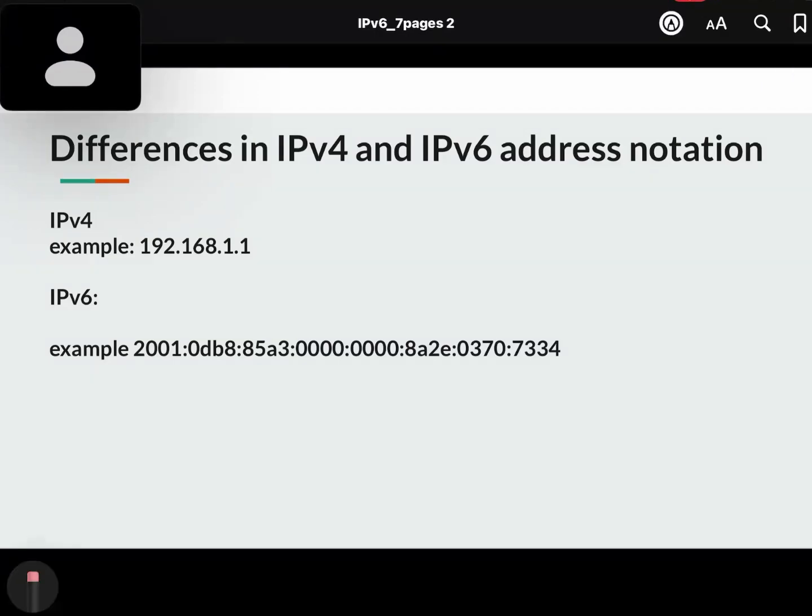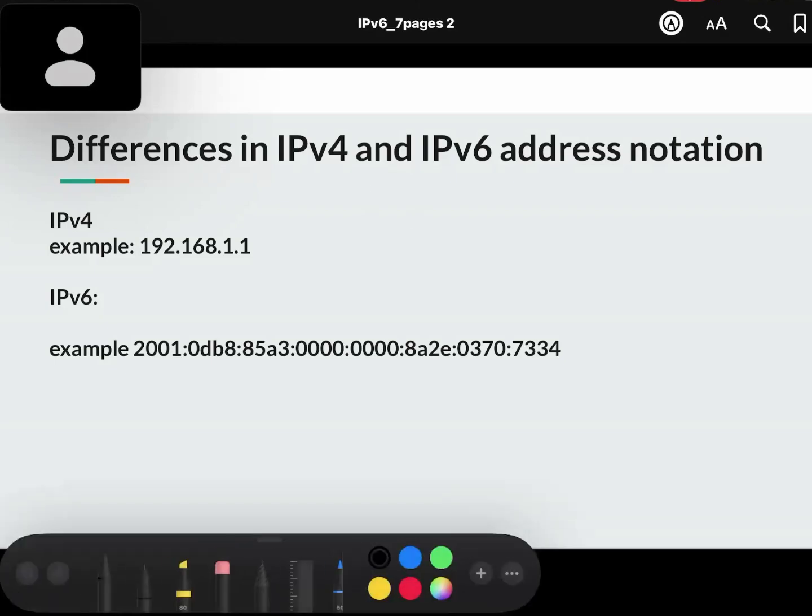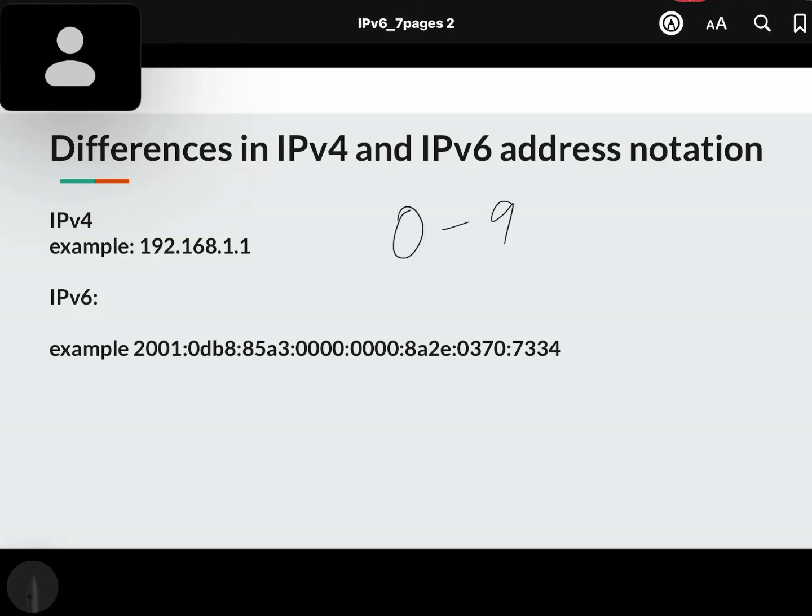So I want to start with the differences in the structure and notation of IPv4 and IPv6 addresses. In IPv4, addresses are written using only decimal numbers from 0 to 9. Each section, called an octet, is a decimal number between 0 and 255. Decimal numbers are represented as binary values of 8 bits, 1 byte in each octet.